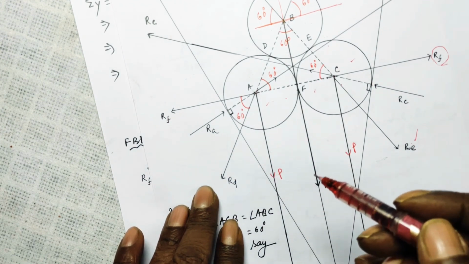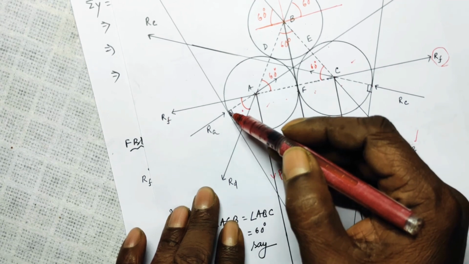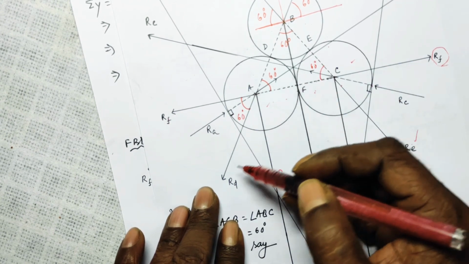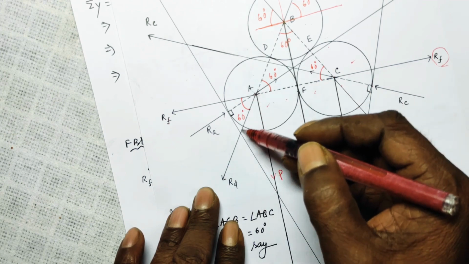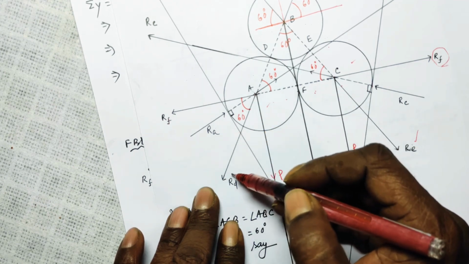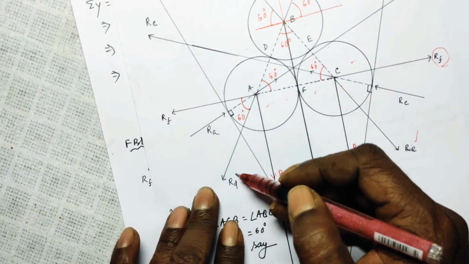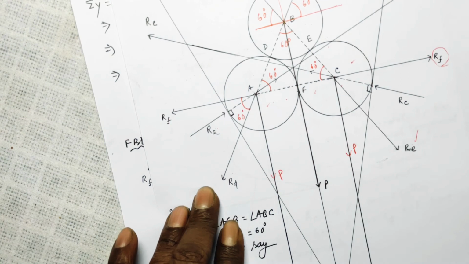Now we are left with 2 more, that is RA from this point to this side, and RD from this point to this side. This RA and RD are neither horizontal nor vertical, so both of them will have horizontal and vertical components.